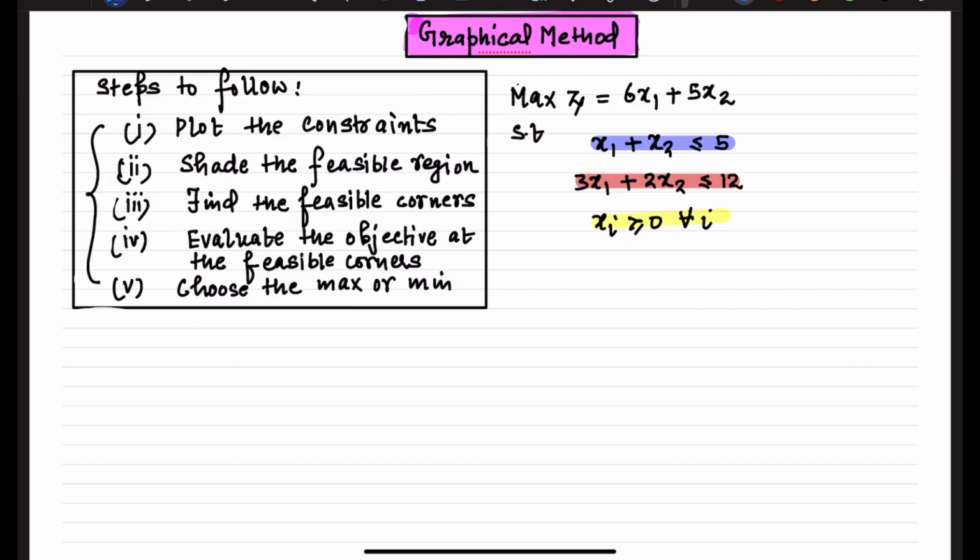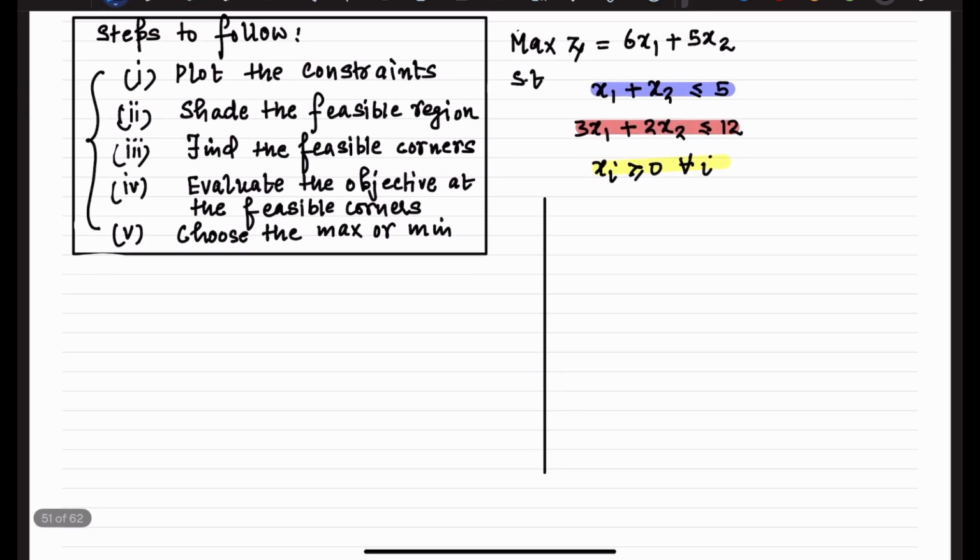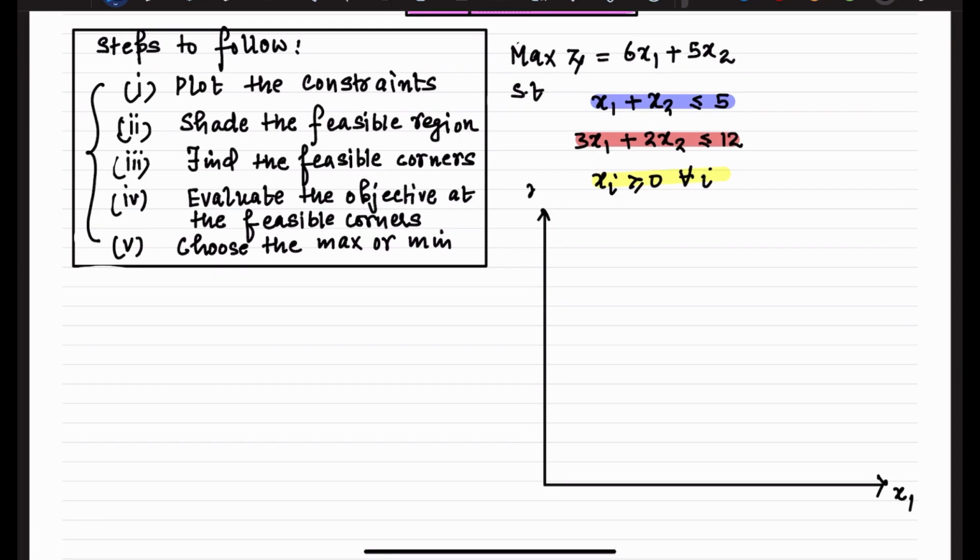So the first step is to plot the constraints. Now to plot the constraints, let's take up the blue constraint. To plot, treat this less than or equal to, just for plotting, as an equal to.